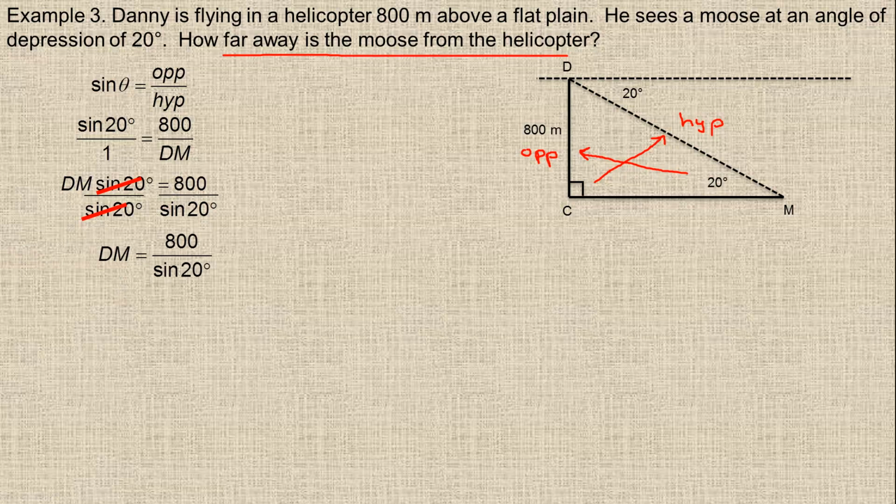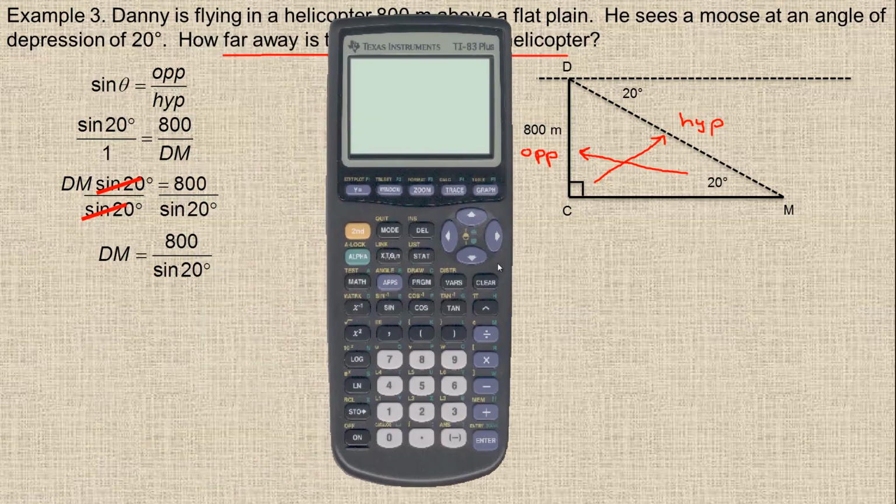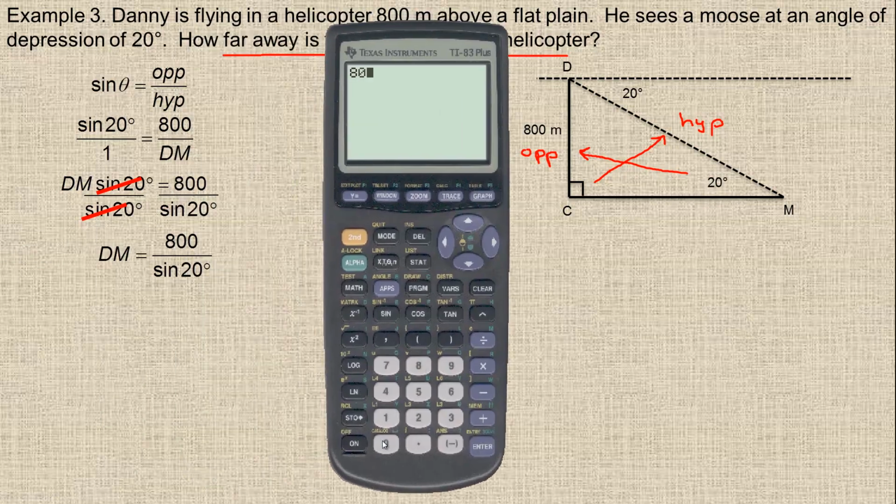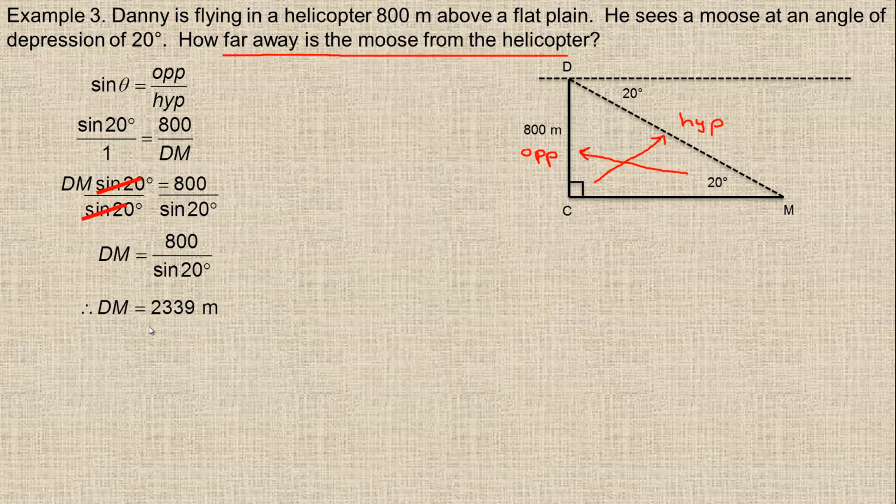So that's the calculation, and I'll bring my calculator back here again. So 800 divided by the sine of 20 degrees is 2339. So that's the distance Danny is away from the moose at that instant in time.